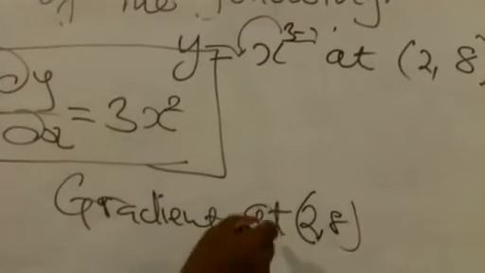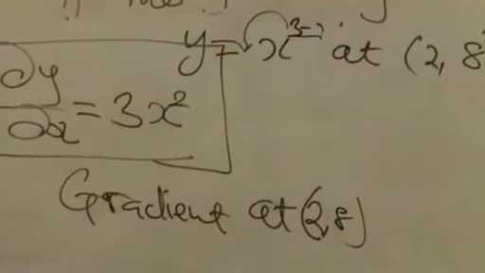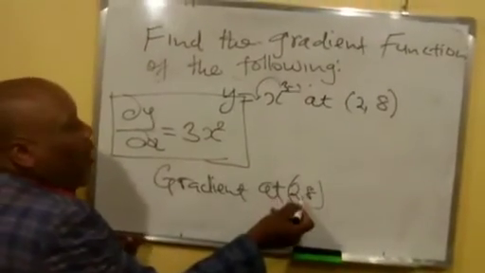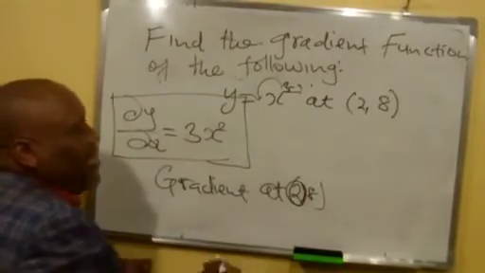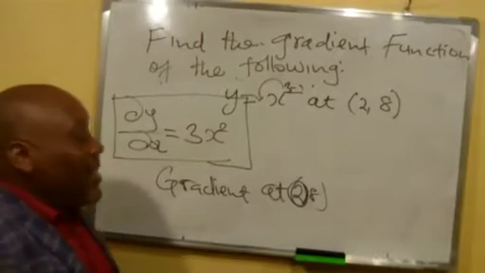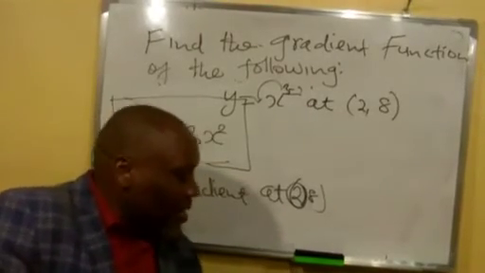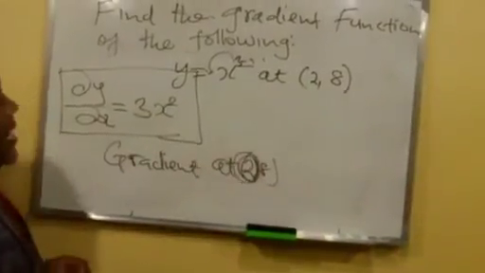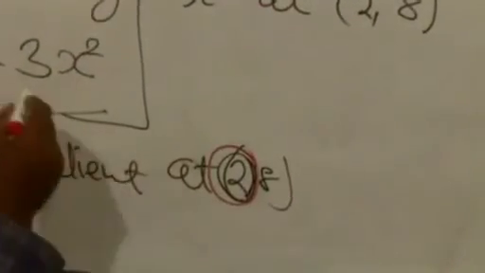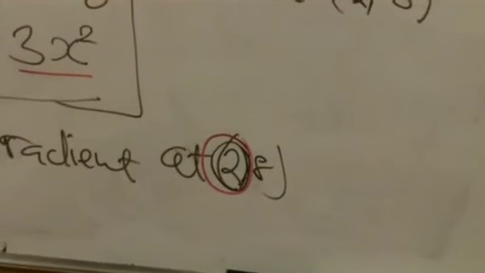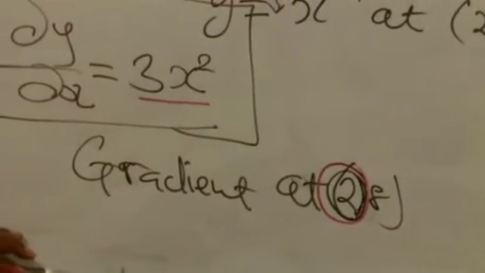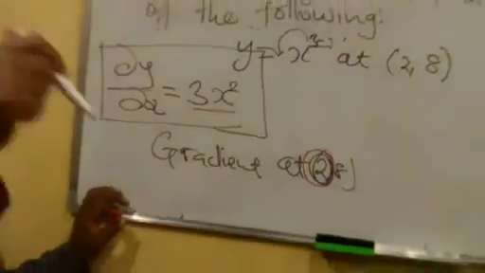So at this point, the point we are interested in is the x coordinate, and the x coordinate here is 2. So it's the x coordinate which we are going to take and substitute into the gradient function, so that we can get the gradient of the curve at that particular point.